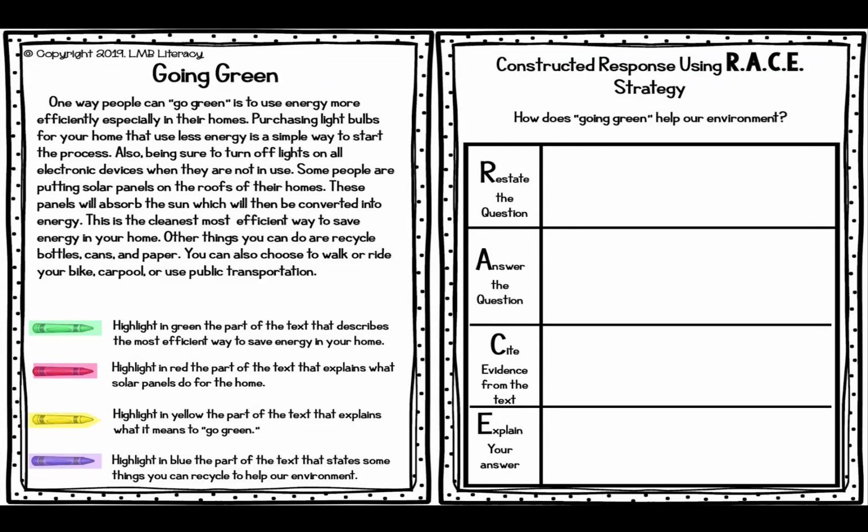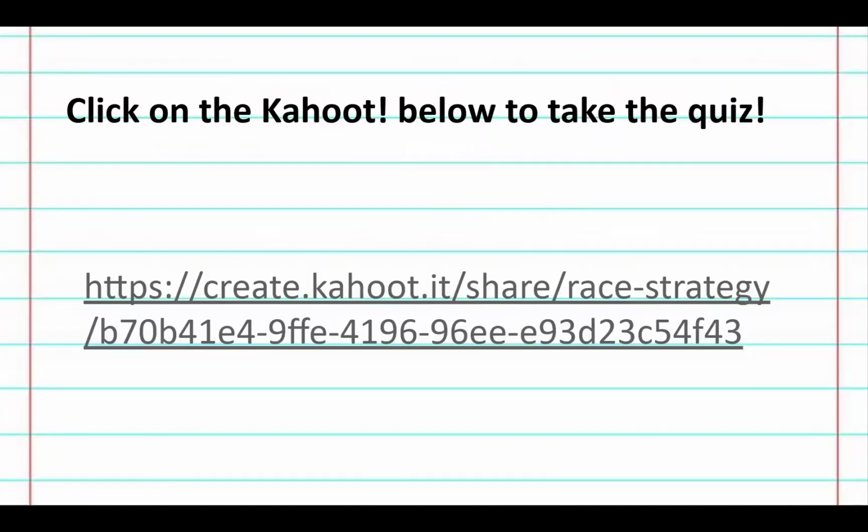I also have sent home a printed copy either way. And then you'll see the quiz on the RACE strategy is here. Once you click the link, I will be able to see how you do on it.